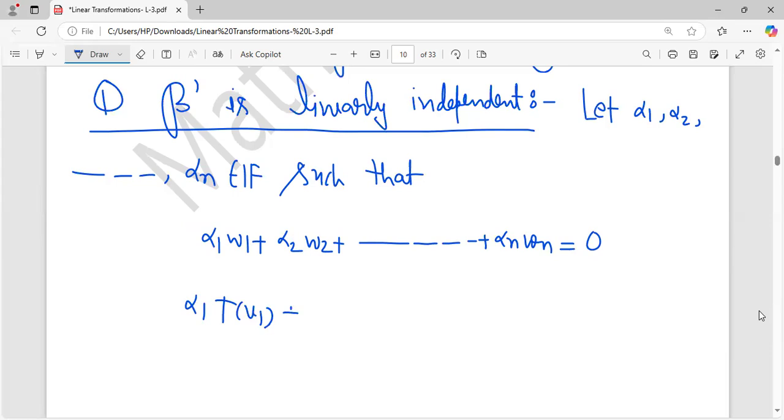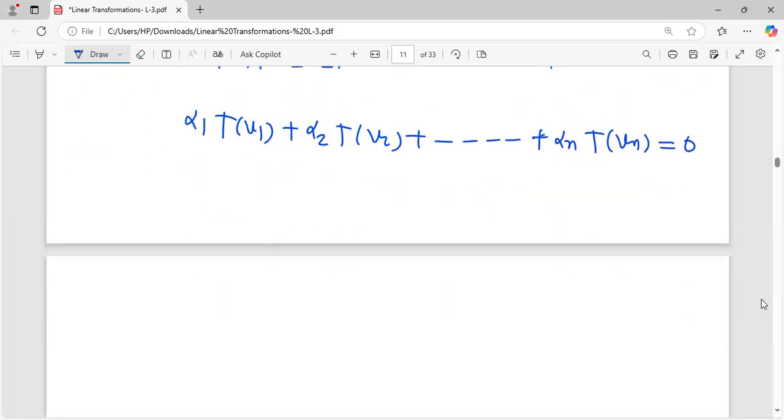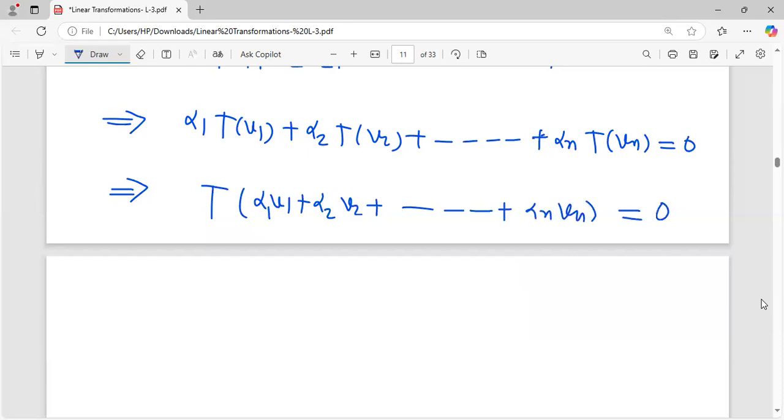It is Tv1, so alpha 1 Tv1 plus up to alpha n Tvn is equal to 0. So by property of linear map, what we have? T of alpha 1 v1 plus alpha 2 v2 up to alpha n vn. T is 1-1.